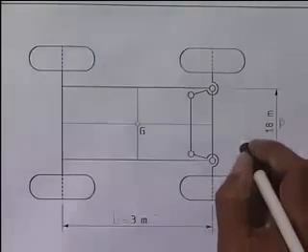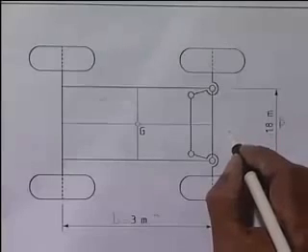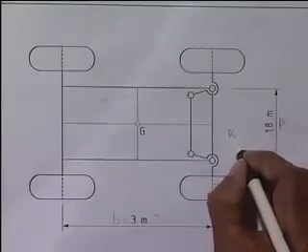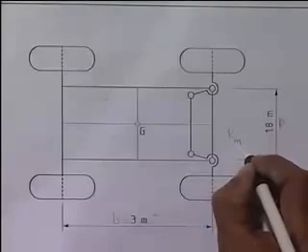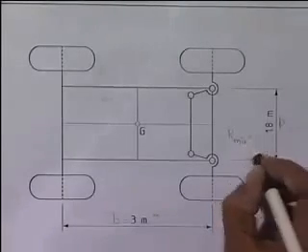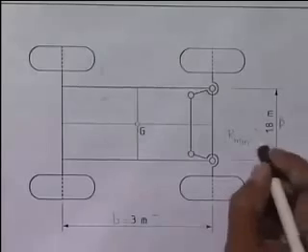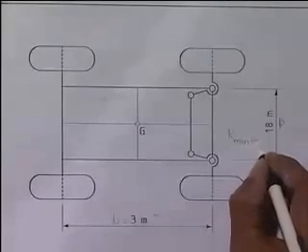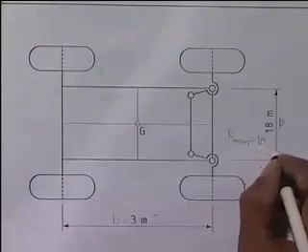That means the minimum value of R, if I call that R min, for this center point G is desired to be 10 meters.